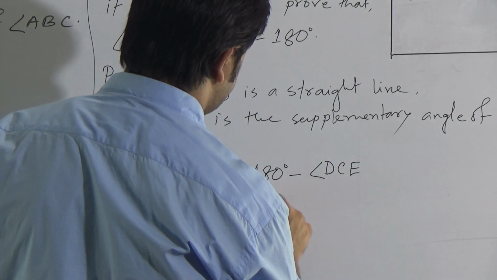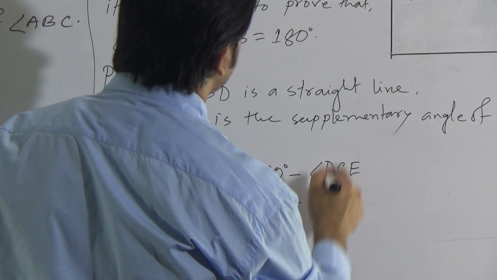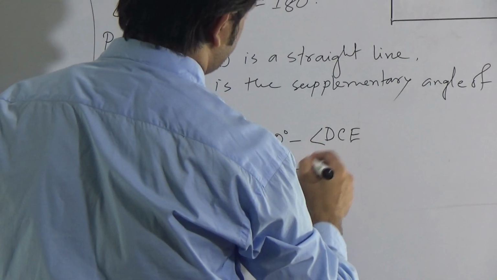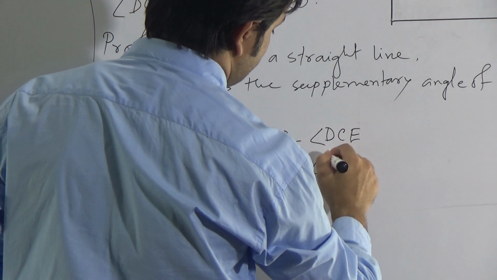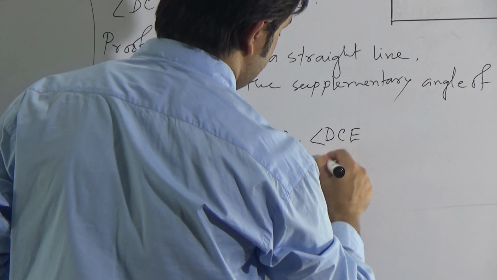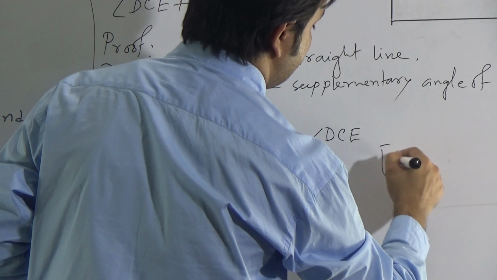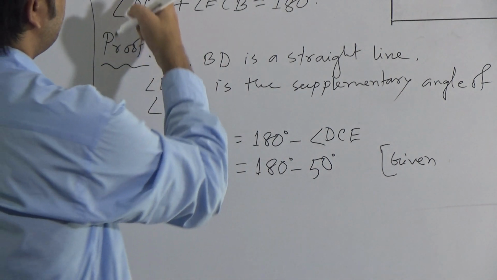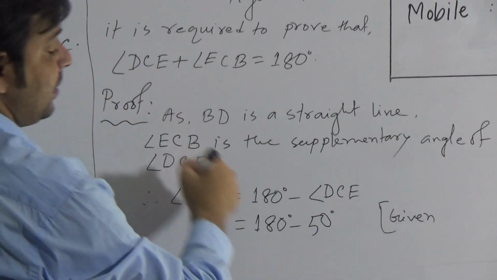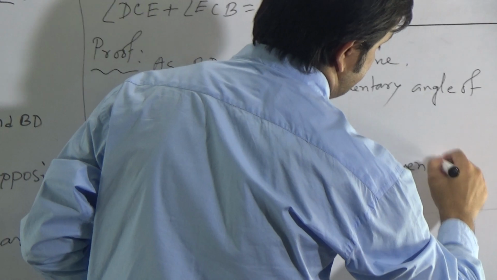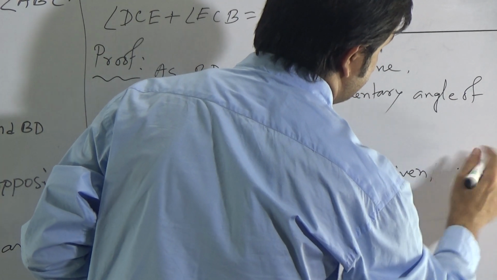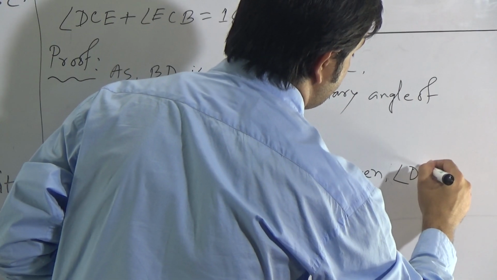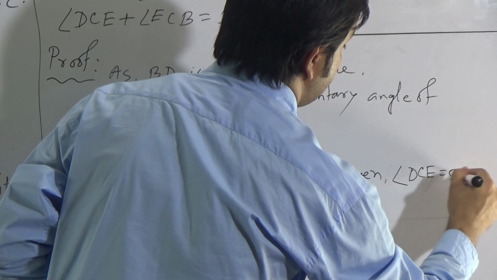Now we can write 180 degree minus the value of angle DCE is given, that is 50 degree. In side note we can write given, or if you want you can write in particular enunciation, given angle DCE equal to 50 degree.